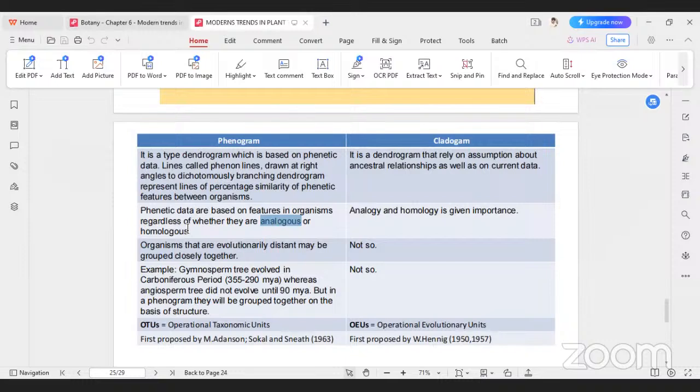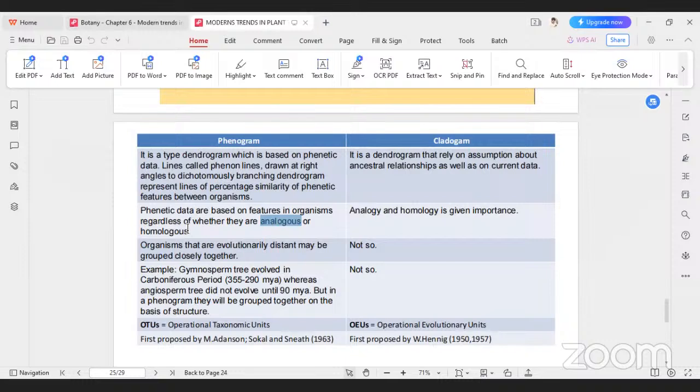What is a dendrogram? A dendrogram is a simple diagram that shows the hierarchical relation between objects. That is called a dendrogram. So a phenogram is a graphic representation based on phenotypic data, that means morphological observation data.